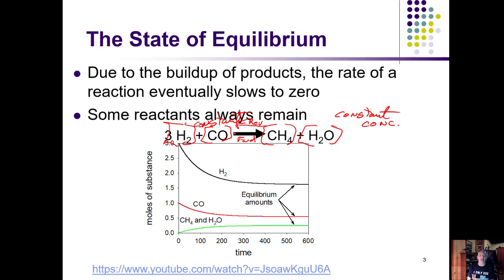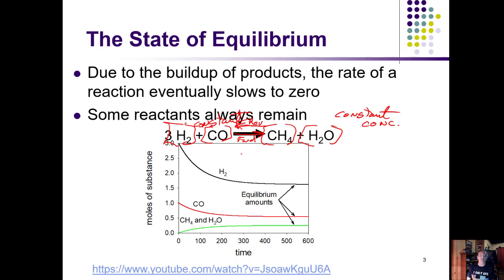Remember, the reaction is still going in the forward direction. The reaction now is also going in the reverse direction at the same rate as the reaction is going in the forward direction. And that's why these concentrations stop changing. Nothing's at zero here in an equilibrium reaction. They just stop changing concentration.